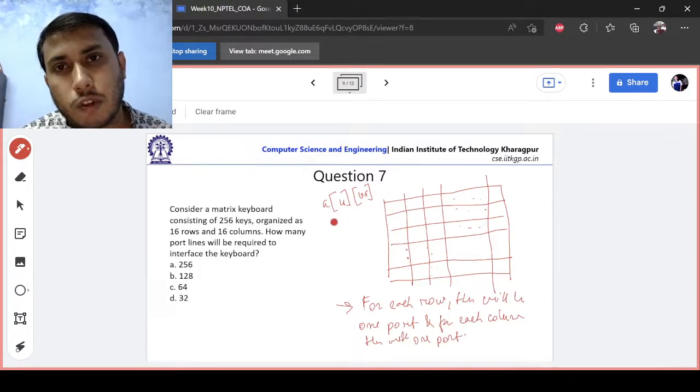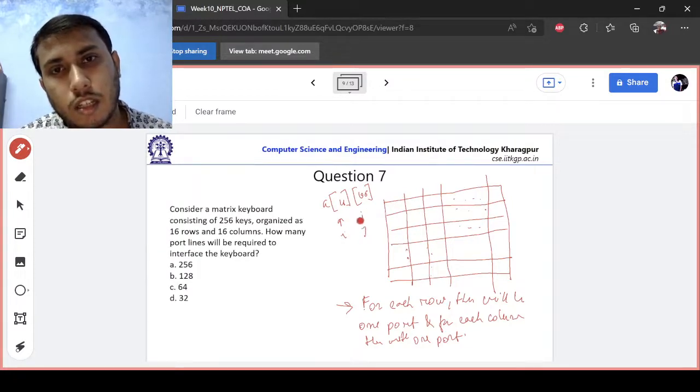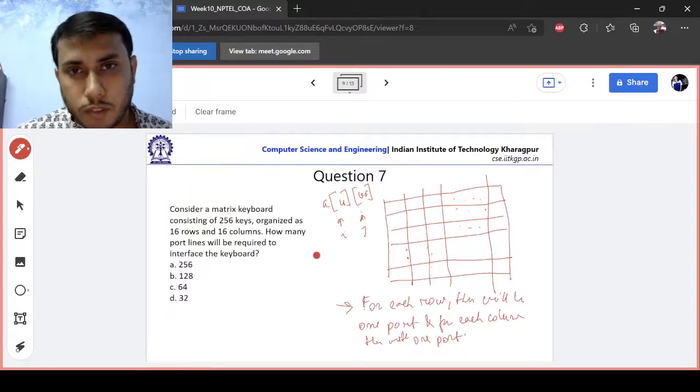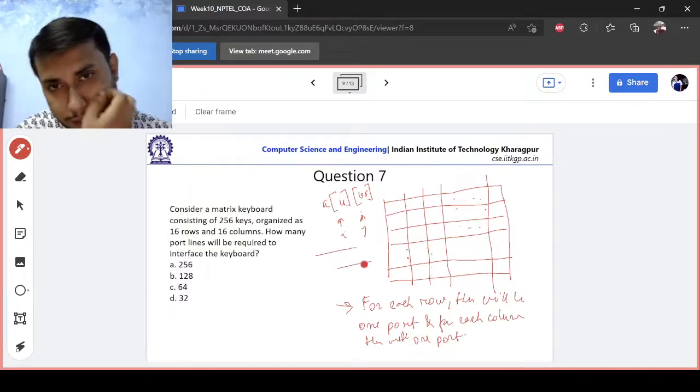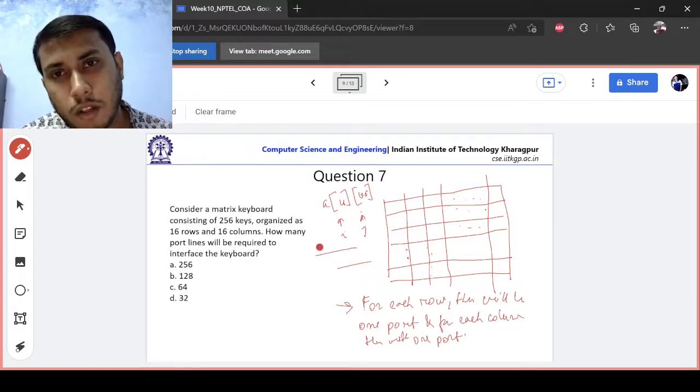Suppose this is referenced by I and this is referenced by J. To find a particular value in the array, you will require to run 2 loops, one loop for I and one loop for J. The first loop will run from 0 to 15 and the second will also run from 0 to 15, right?